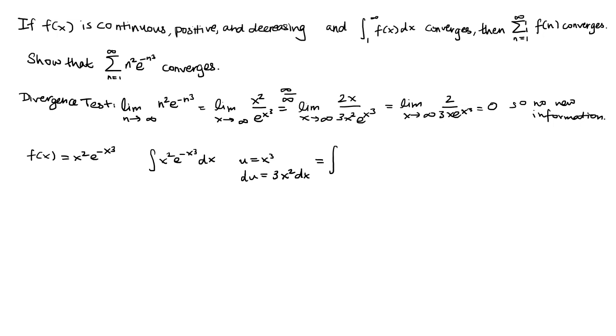So we end up with 1/3 e to the negative u du. And our integral is going to be negative 1/3 e to the negative u, or negative 1 over 3 e to the x cubed. All right, so this is something we can definitely integrate.